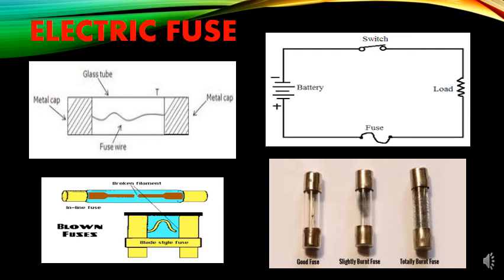You can see in the circuit, a fuse is connected here. Whenever there is excessive flow of current, what happens is it will melt. So when it melts, it is going to break the circuit. And when the circuit is not complete, what happens then? It results in an open circuit which will make the current not to flow further. This will prevent the damages.